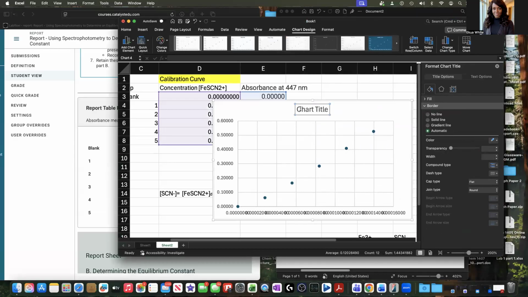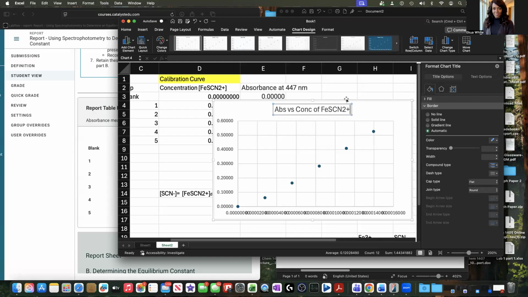Okay, so our chart title can be ABS for absorbance versus concentration. Now remember I mentioned before, we're trying to figure out the absorbance of the product. So our product will be FeSCN2+. That's our product right there.